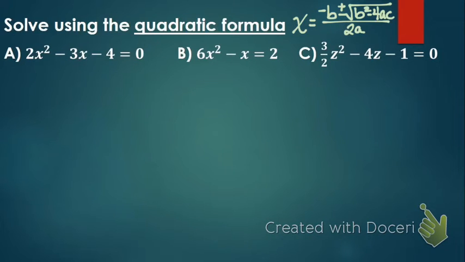X is equal to negative b, or you might also think of that as the opposite of b, plus or minus the square root of b squared minus 4ac all over 2a. That part that's underneath the radical, the b squared minus 4ac part, that is called your discriminant.